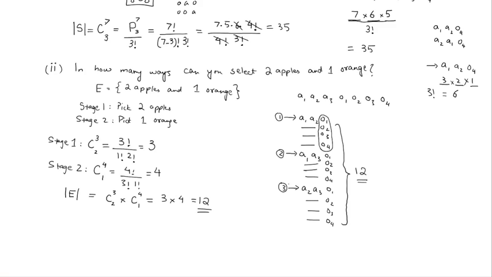For each of these 3 combinations of apples, you had 4 ways of picking the orange. So this gives you 3 multiplied by 4, which is equal to 12 ways of picking 2 apples and 1 orange. And the multiplication principle that we did over here does exactly that. It does 3 ways of picking 2 apples multiplied by 4 ways of picking oranges. Okay, great.